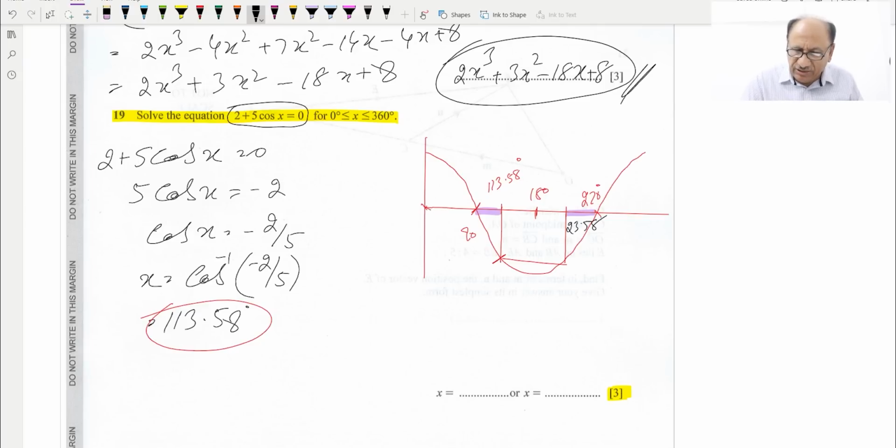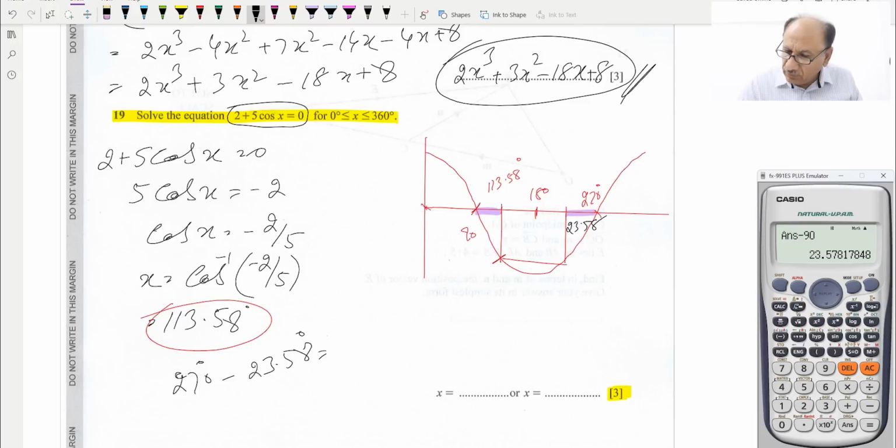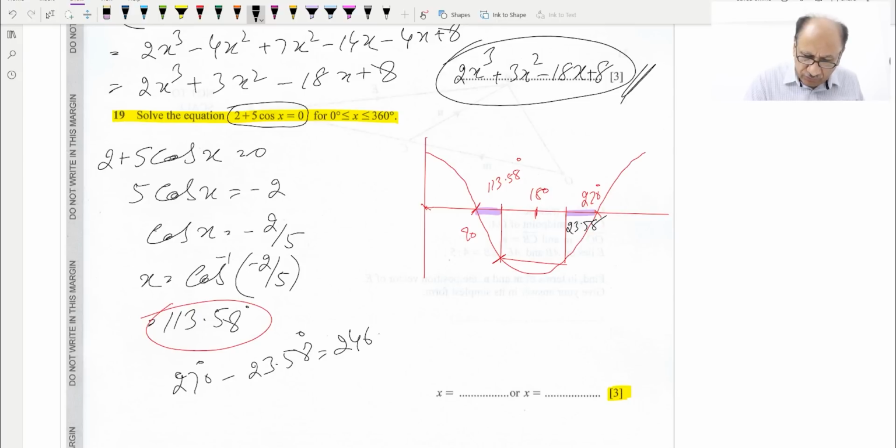So 270 minus 23.58 degrees, and the answer will be 246.42. So one answer will be this one, and the second answer will be this one.